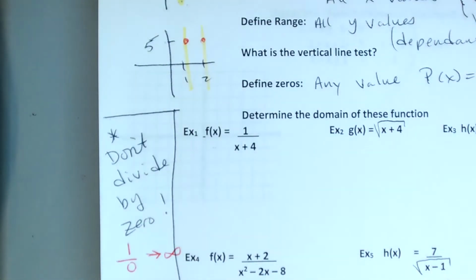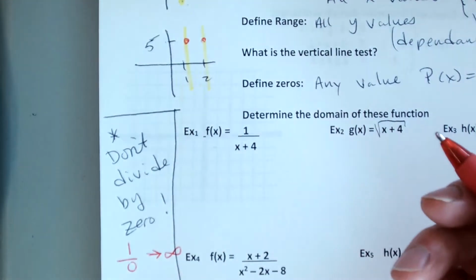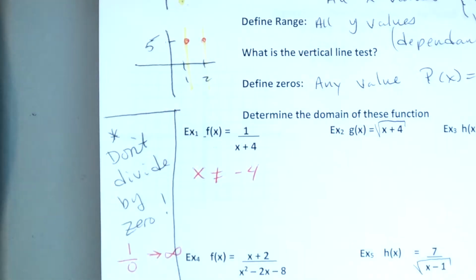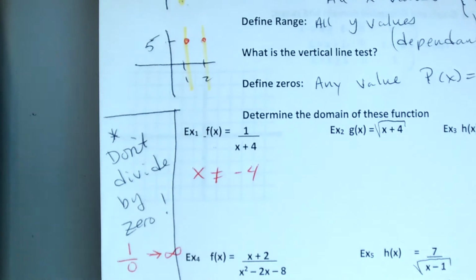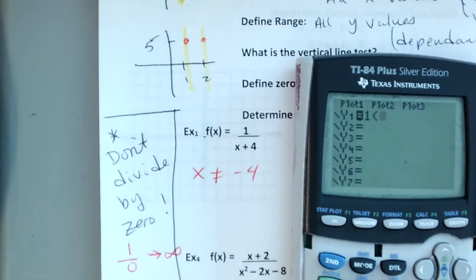So if I take a look at example 1, right off the bat, and I can graph this too, I'll show you what I do when I graph it. Right off the bat, I know that x cannot equal negative 4. You okay with that? And just to show you what happens when I divide by 0, 1 divided by x plus 4.